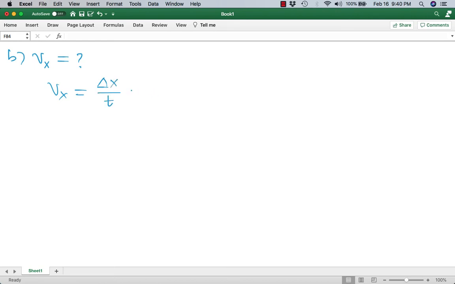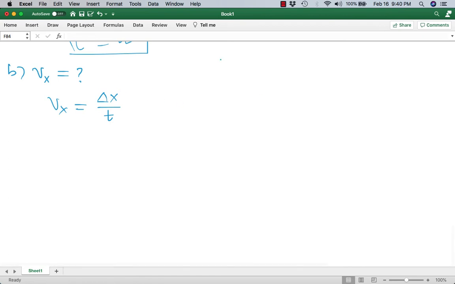Delta x is the range, and we are given the range. Range is 105 meters, and the time to cover that range is the same as the time during which the ball is in air, which is the time that we get from the first part. By doing that math, you can get Vx.